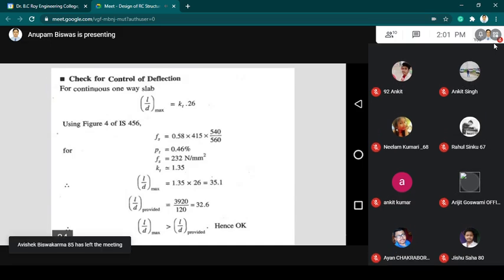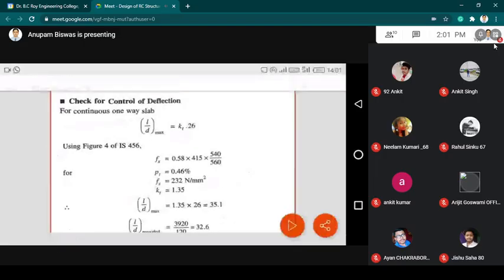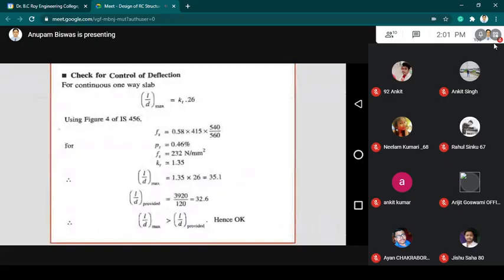Multiplying the factor KT with 26 gives 35.1, so L/D max comes out as 35.1, and L/D provided as per the question is 3920/120, that is 32.6. So we find that L/D max is more than L/D provided. Hence, our design is okay, and it is successfully taking care of the deflection criteria.